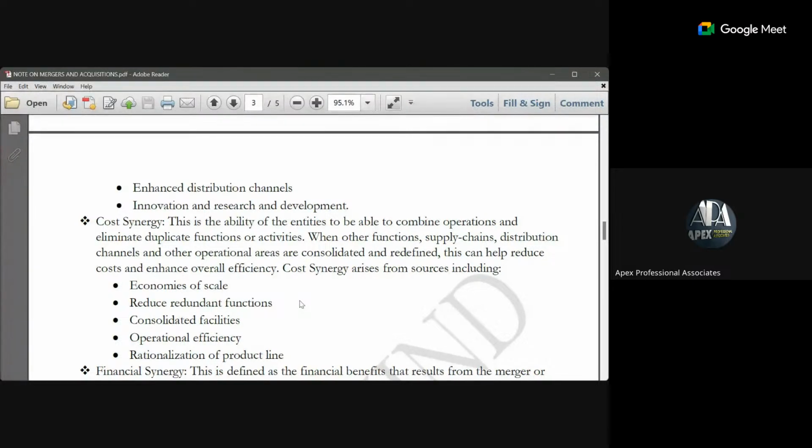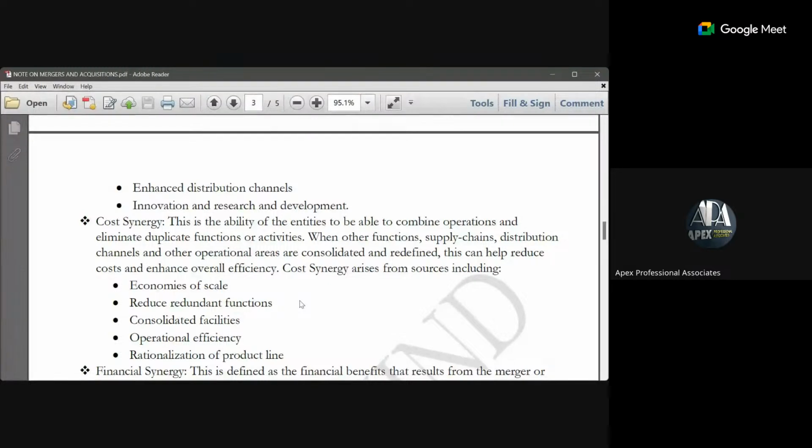They both are in the banking system. However, they operate separately before. Now they have to combine the activities together in order to eliminate duplicate functions. For instance, we have the tellers in Access Bank. We also have tellers in Diamond Bank.